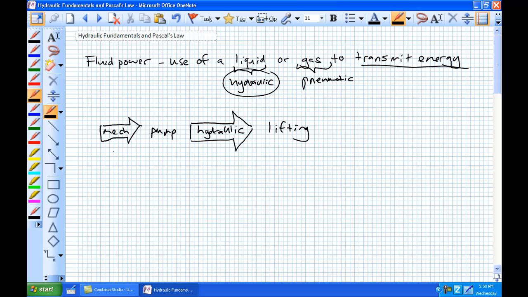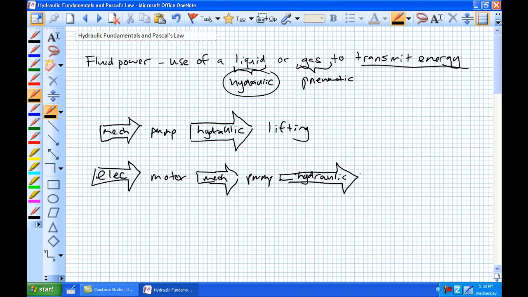Okay, so think about this here. I've got electric energy which is going into, I'm just expanding on the same system, a motor, which is again going into mechanical energy, which is going into my pump, which is doing hydraulic energy, and now it's performing some mechanical lifting or crushing.